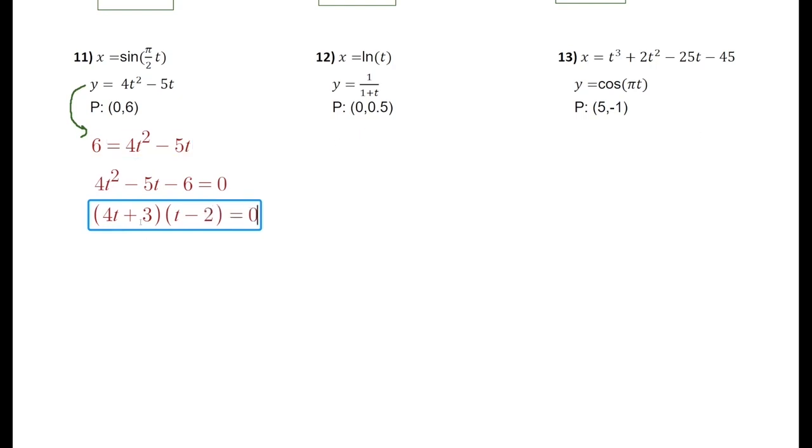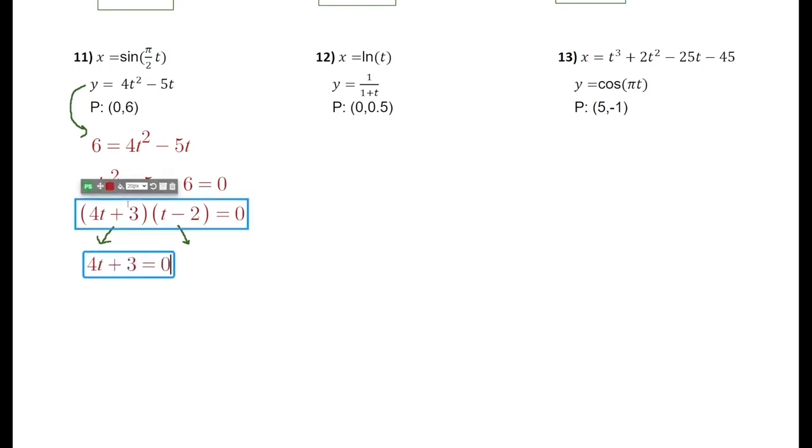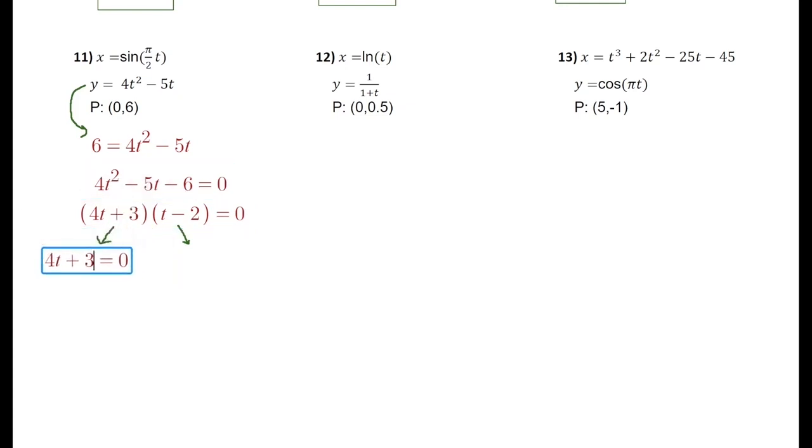And then once you've got it factored, you can set each factor equal to 0 and solve them individually. And we're taking advantage of the 0 product property here. So we get 4t plus 3 equals 0, or we get t minus 2 equals 0.